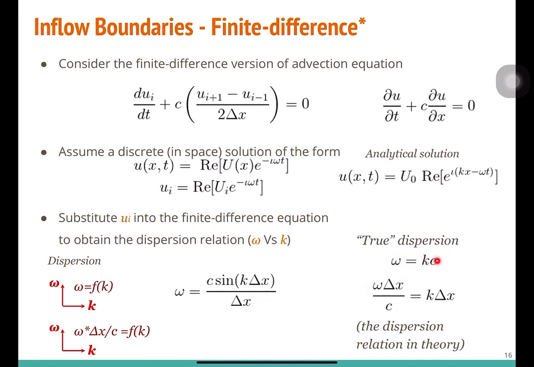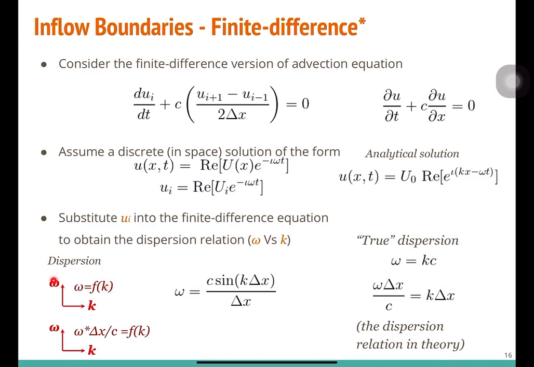And then this is the true dispersion. This is what we want to achieve. We change the expression in terms of omega delta x over c so that we can compare the values for these two methods. This is what we want to achieve, and this is what we get from the finite differencing.